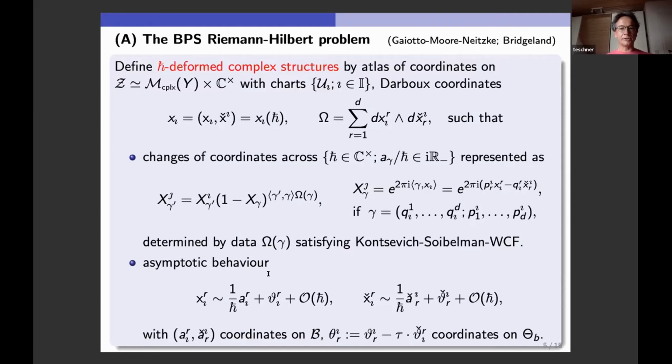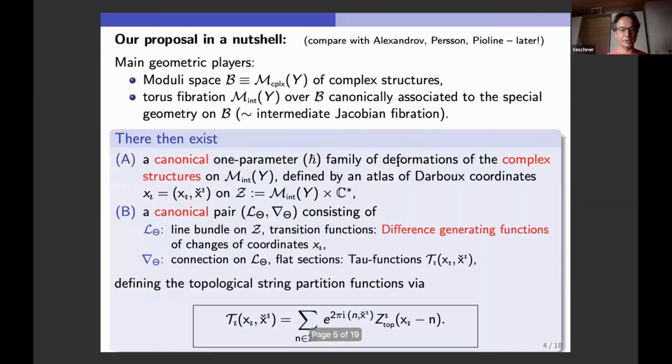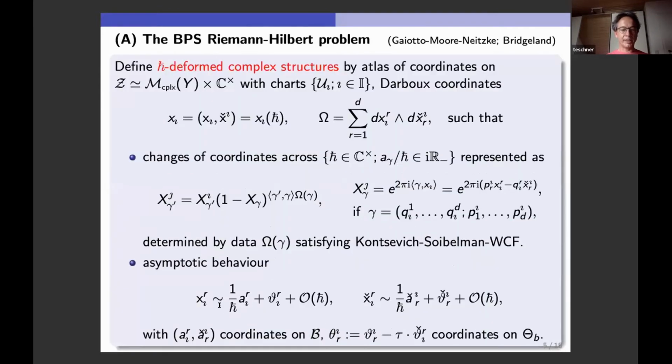Last but not least, and of course I have to be somewhat sketchy and schematic here in view of time, what relates the new coordinates to the old coordinates for the base manifold, which were defined as these periods, the special coordinates for the space of complex structures, that is the base of the torus fibration before.